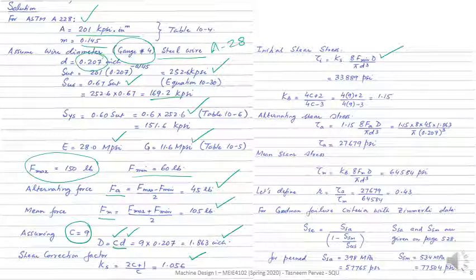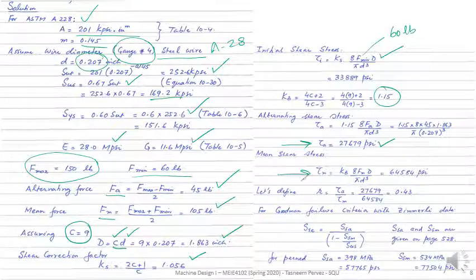And how much is the minimum load? Minimum load is 60 pound. I have calculated the Bergstrasser factor. This is the alternating stress and this is the mean stress. The only difference is here we have FA and here we have FM. So one is 45, one is 105. This is 105 and this is equal to 45 pounds.